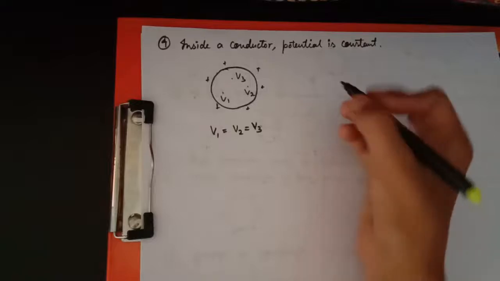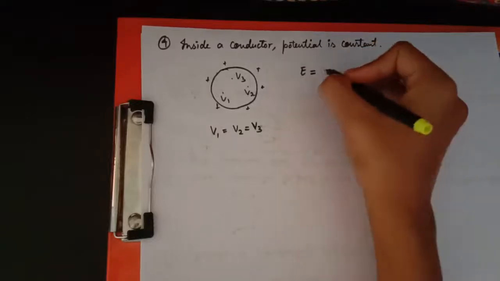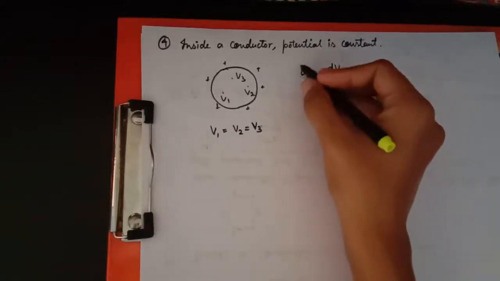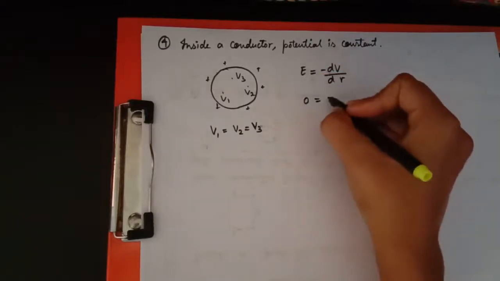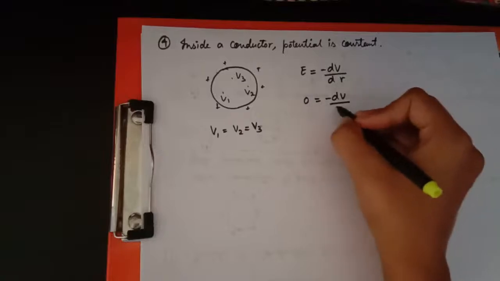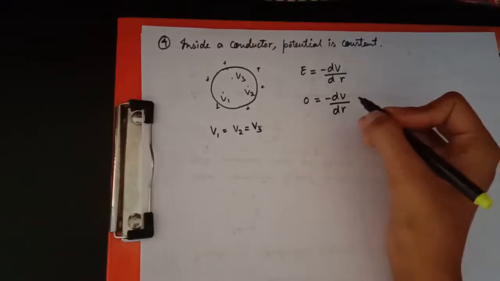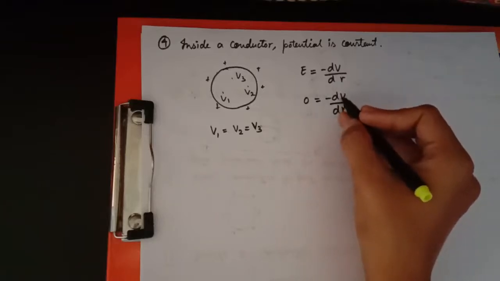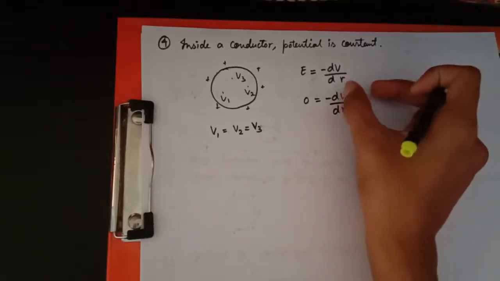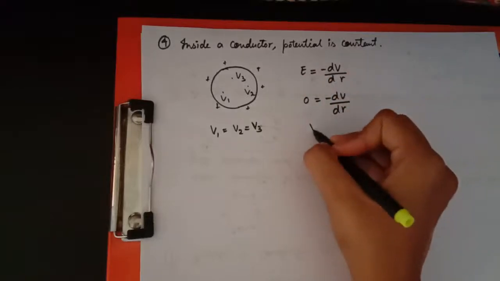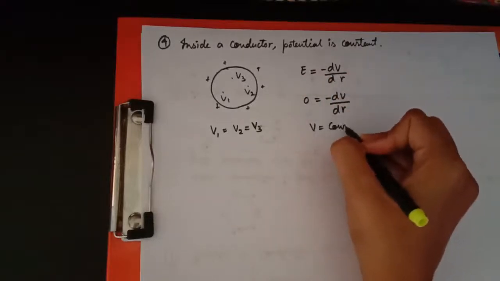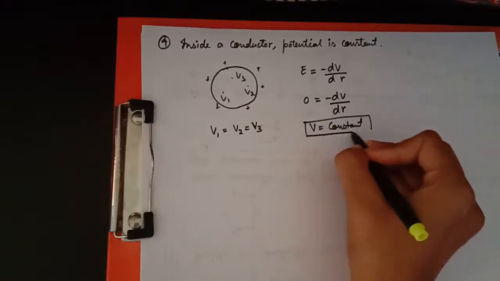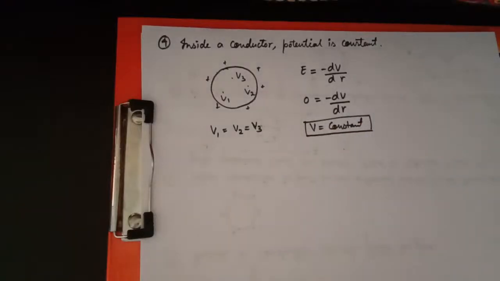As you know, the relation between E and V is E equals minus dV over dr. So if electric field is 0, I can write 0 equals minus dV over dr. From this I can say, as the differentiation gives 0, V is equal to constant. So V will be constant inside a conductor.